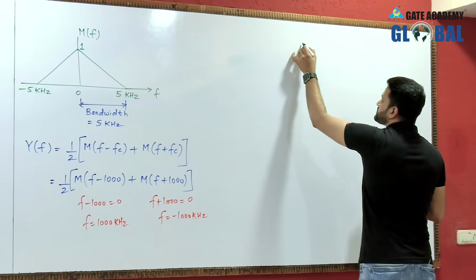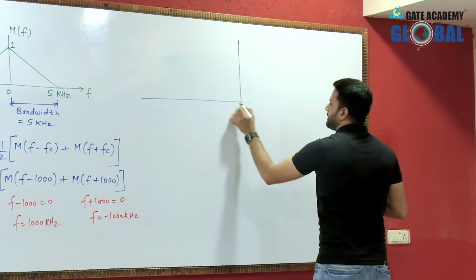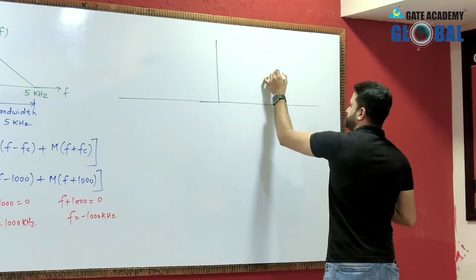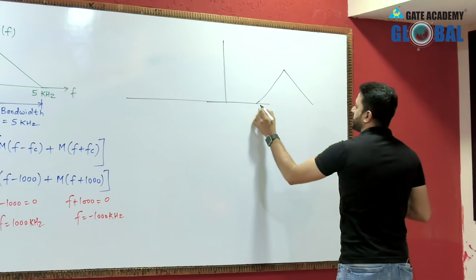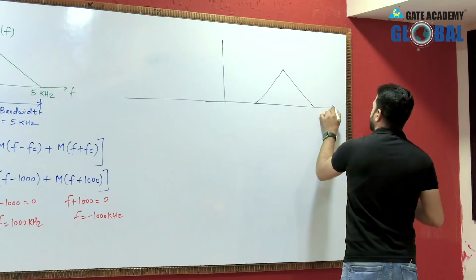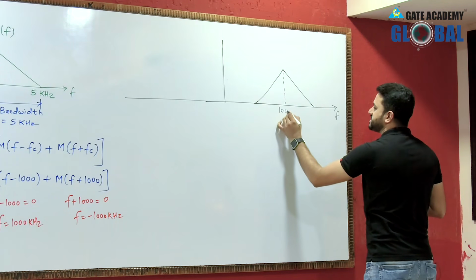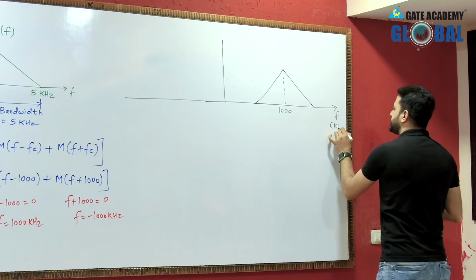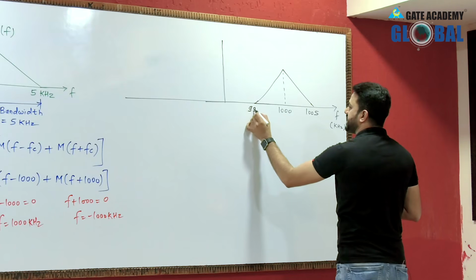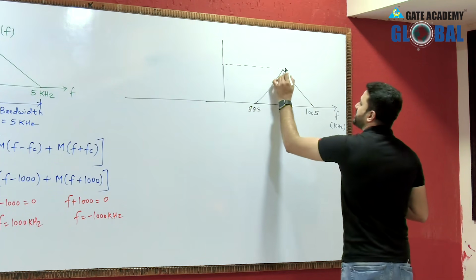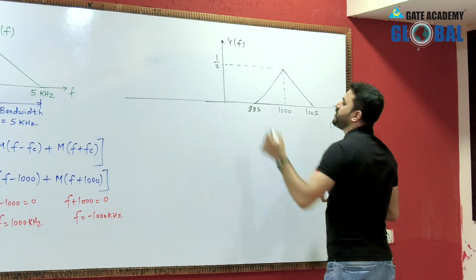So we get like this. This is 1000 kilohertz, this is in kilohertz, this is 1005, and this is 995, and the amplitude will become half, because the original amplitude was 1.